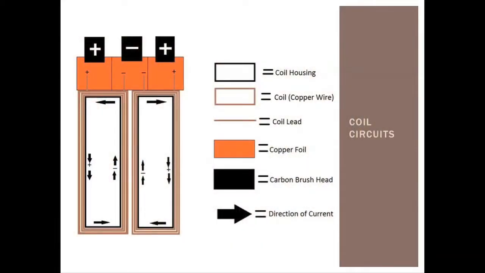We did this by creating coils that would be on opposite pieces of copper foil. So every piece of copper foil would have the negative or the positive end of a coil, but it would be the opposite end. So the way the current was going in the coils was in opposite directions. This would make sure that every other coil had an opposite polarity.